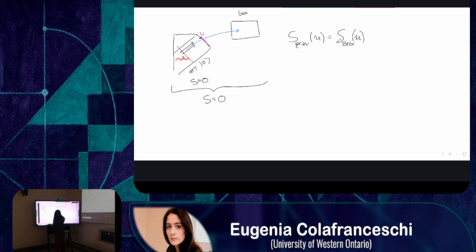But the problem here is the following. You have the entropy of the radiation, which keeps increasing like this. So this is a function of the retarded time. But the Bekenstein-Hawking entropy, which is in terms of the area of the horizon, is decreasing like this.